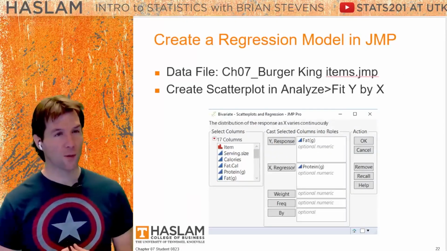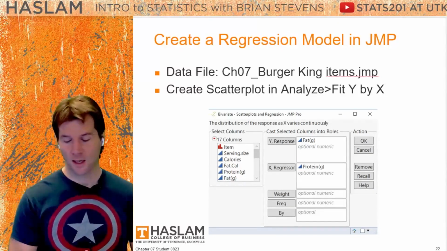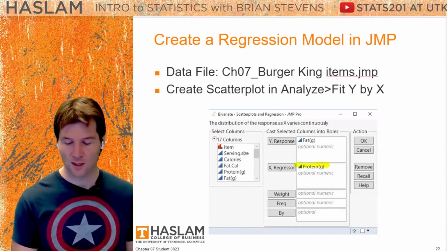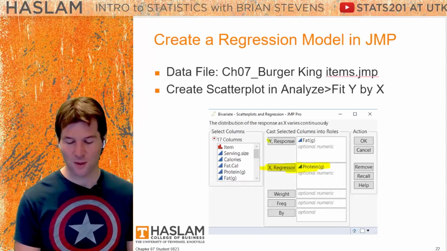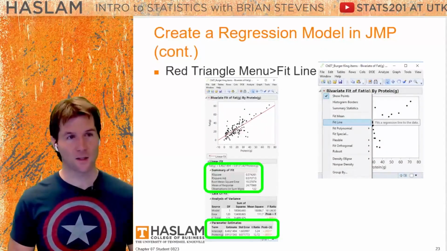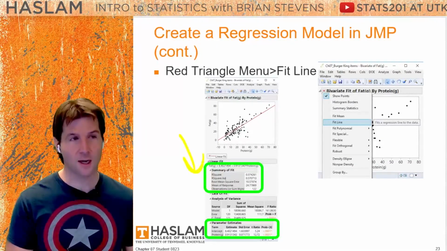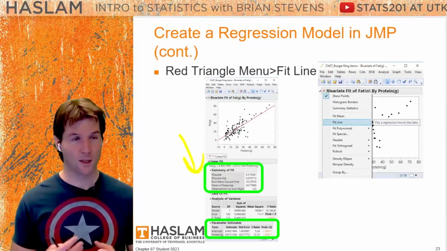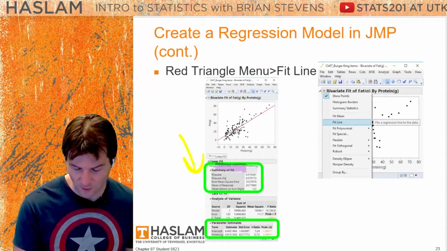If you're using JMP or any other statistical software, you can go to Analyze, Fit Y by X. Analyze Fit Y by X has you put in the explanatory variable there, and we say maybe protein explains why there is so much fat in a burger, and we can hit OK and get the analysis. We'll go more into this analysis here in a moment, but you can see a lot of really great analysis with the R squared and other quantities there. But I do want to point out, and it might be hard to see, the regression equation can be found there.